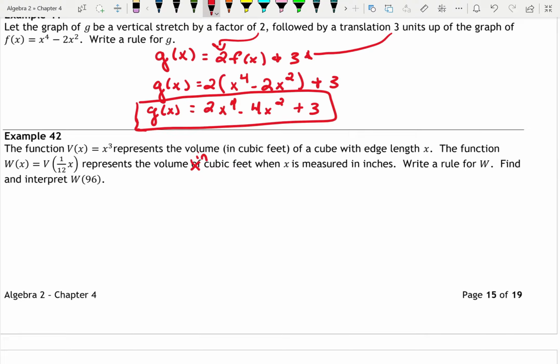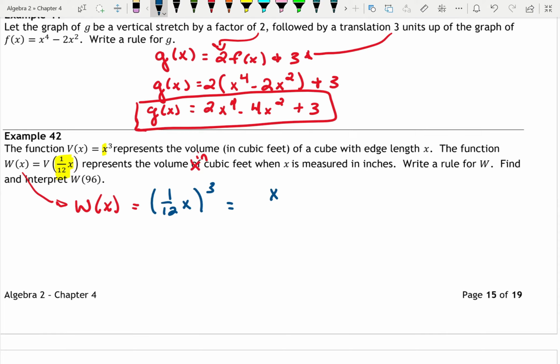Alrighty. So right here we got that 1/12. That converts the inches into feet right away. So let's actually just look at W. We're going to take this 1/12 of x and we're going to plug it into that x up there, the v of x. So we're going to have (1/12 x) all cubed.